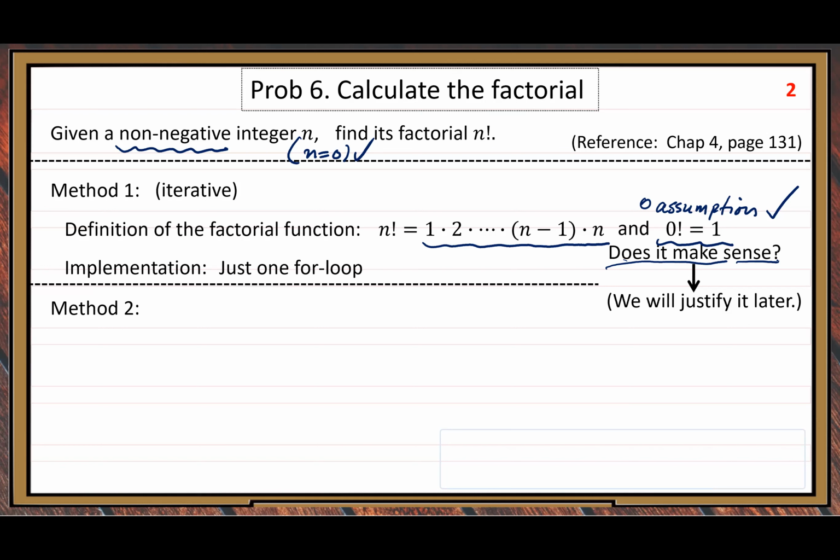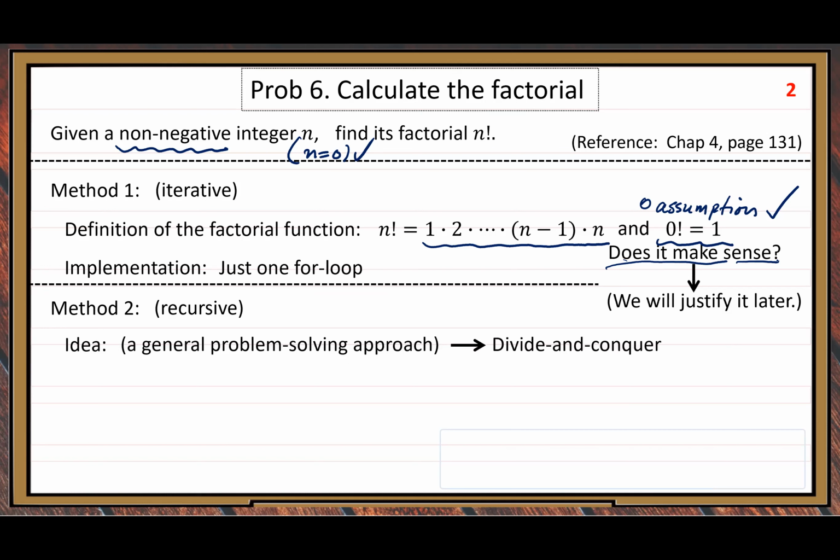But method 2, recursive. This time, let us consider the recursive way. So when we do the recursion, the general idea is like this. General problem approach. Divide and conquer.